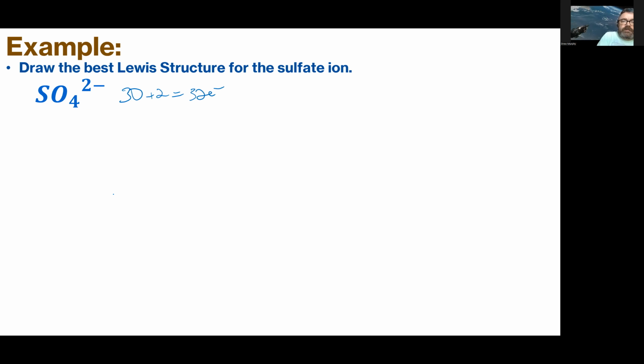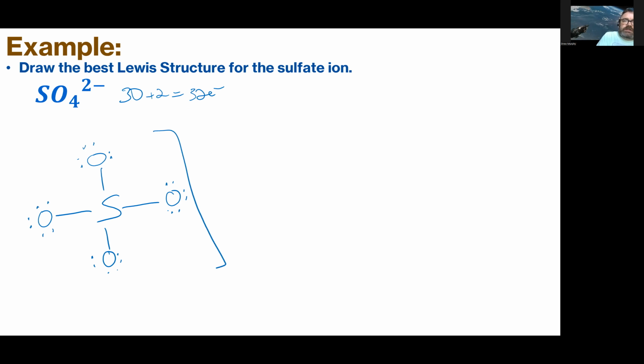So what we're going to have is a sulfur with 4 things. Each one of those is an oxygen, and we have all these electrons left over. And by the time we get 6 electrons, 3 pairs on every oxygen, we have used all 32 electrons.